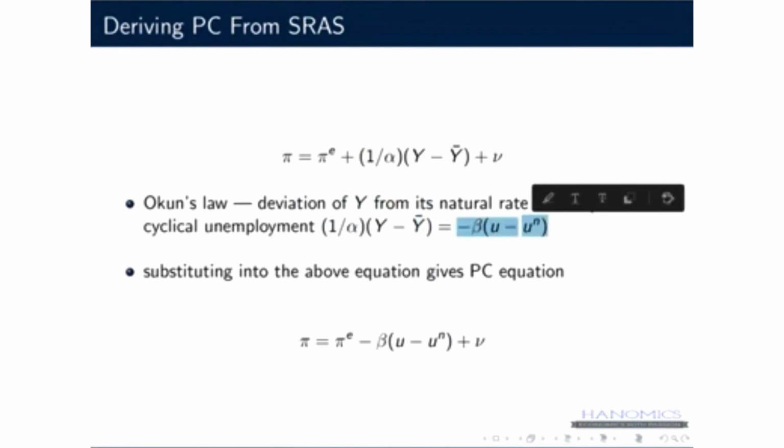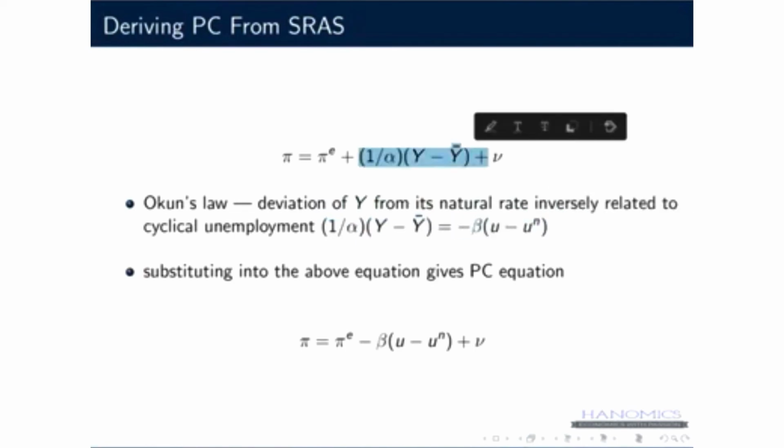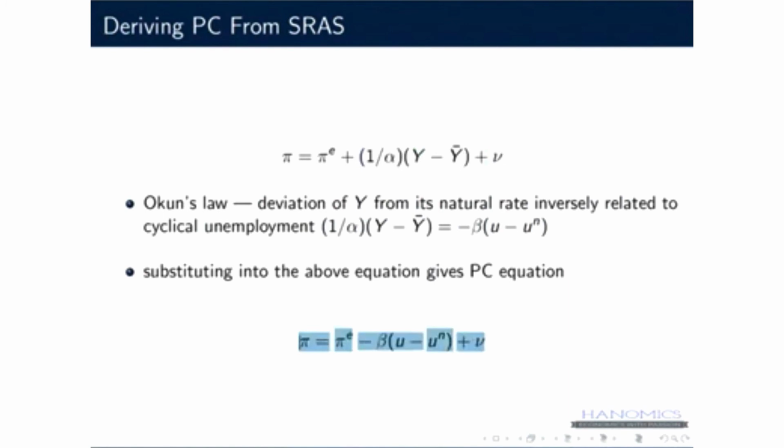the cyclical unemployment, which is the difference between the actual unemployment rate and the natural rate of unemployment. So if you substitute this into this equation here, that will give us exactly what we were hoping to achieve.